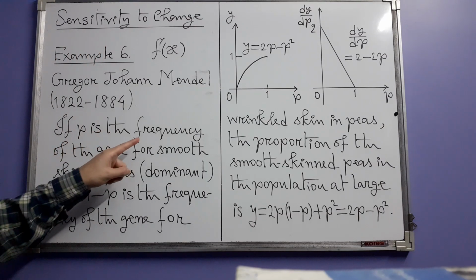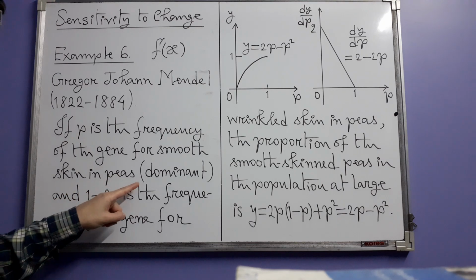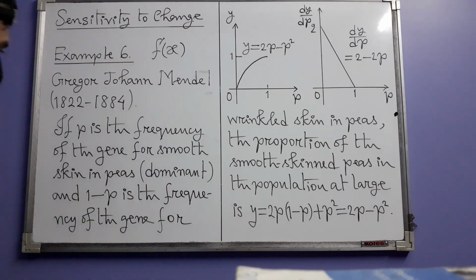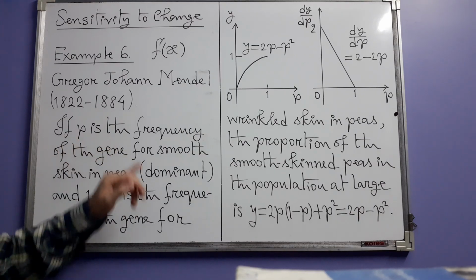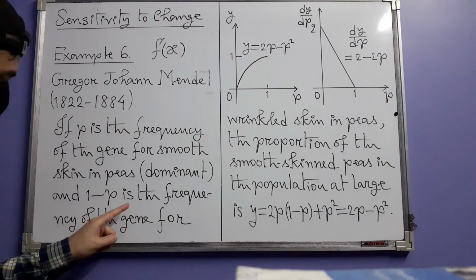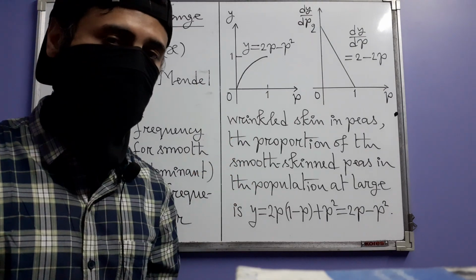So if P is the frequency of the gene responsible for smooth skin in peas, which is a dominant trait, P is a number between 0 and 1, I forgot to write that. And 1 minus P is the frequency of the gene for wrinkled skin in peas.